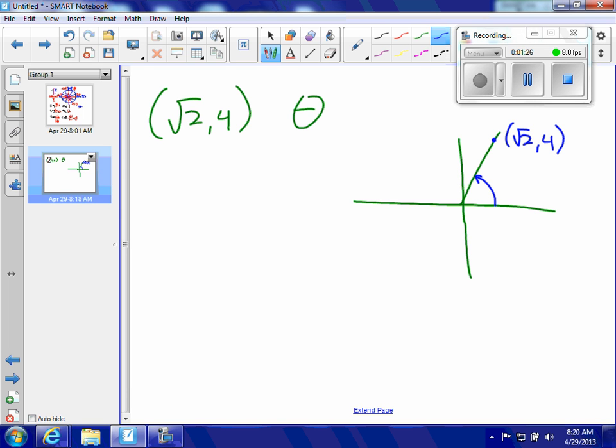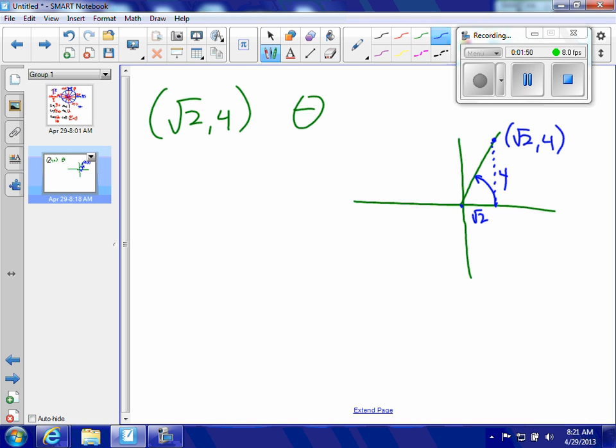It's in standard position, meaning that my vertex is at the origin. So that's letting me know how I'm supposed to draw this angle. And the values of this are radical 2, 4. So that means this distance here is radical 2. And it means this distance here is 4. Is everybody okay with that?